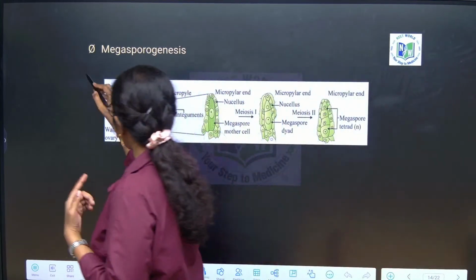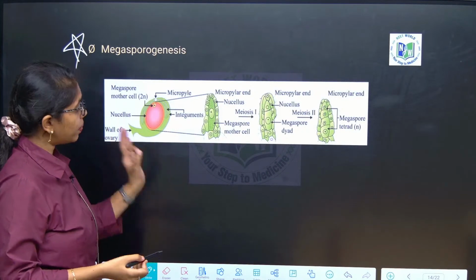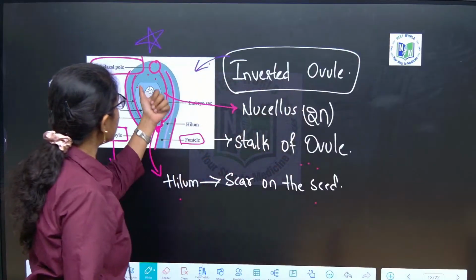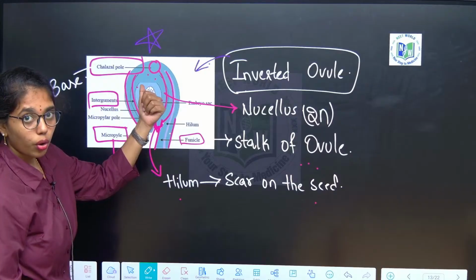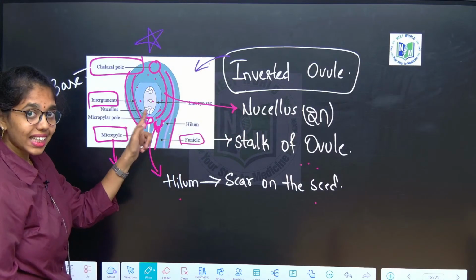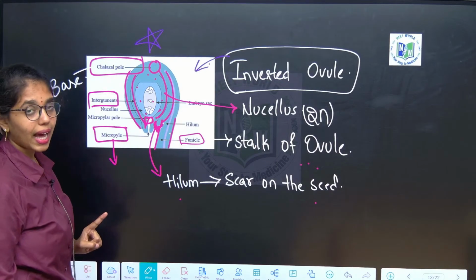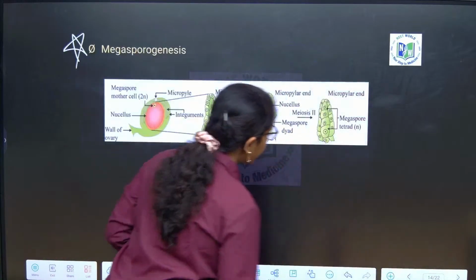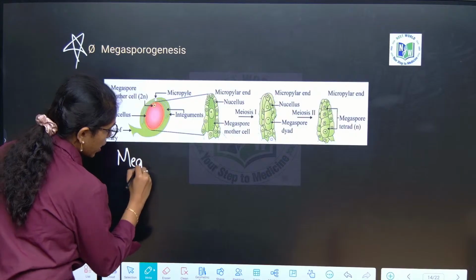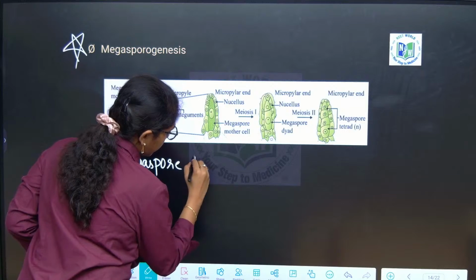Now if you see megasporogenesis, which is a very important topic, recently asked in 2025 also, please focus here. We all know the cells present inside the ovule are called nucellus. One of the nucellus cells, which is close to the micropylar end, will differentiate into the megaspore mother cell.